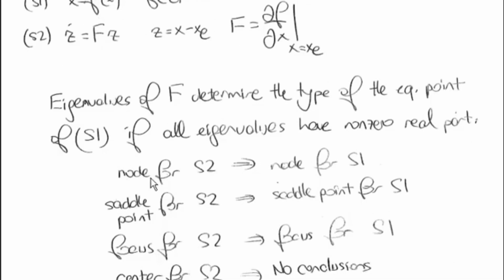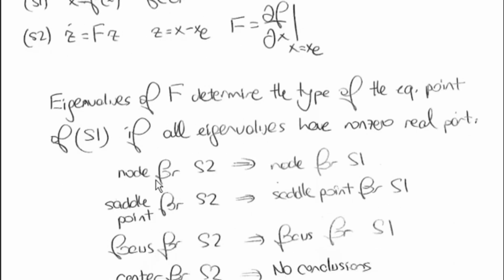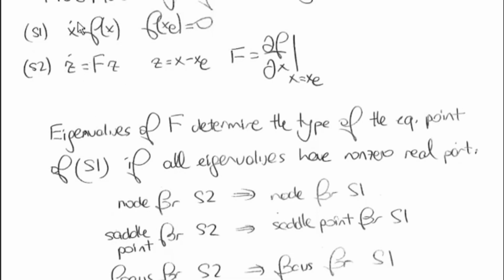For example, if we have a node for the linearized system, then that means that the real parts of all eigenvalues are non-zero, which then means that the equilibrium point will be a node type of equilibrium point for the actual nonlinear system here. Or if I have a saddle point for S2, then it is a saddle point for S1 as well. Similarly, if I have a focus for this one, I have a focus for the nonlinear system.